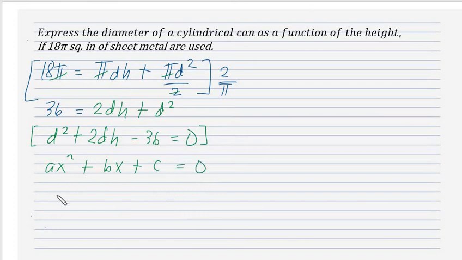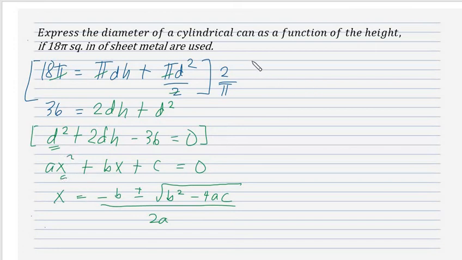And to solve for x, we are given the quadratic formula: negative b plus or minus the square root of b squared minus 4ac, all over 2a. Now the reason why the quadratic formula is applicable to our equation is because it is in quadratic form and we are looking for d. And similarly here, we have ax squared, and x squared is also in square, similar to d squared.